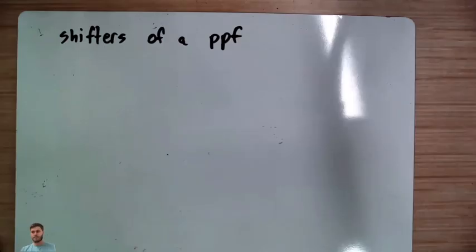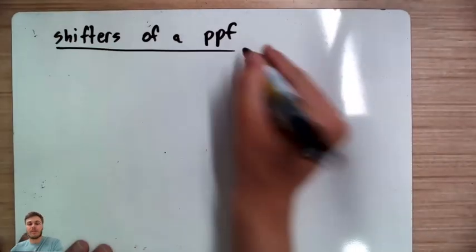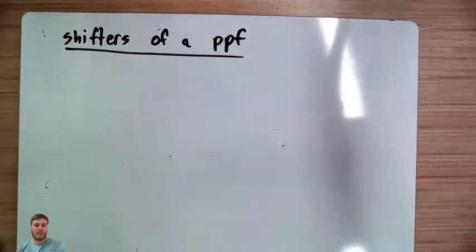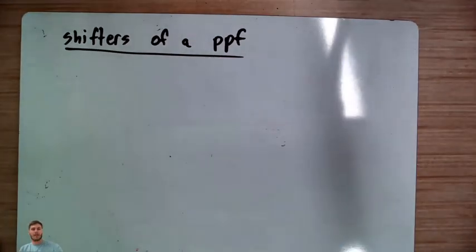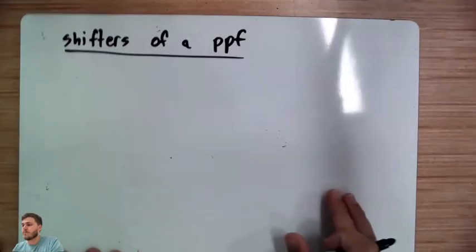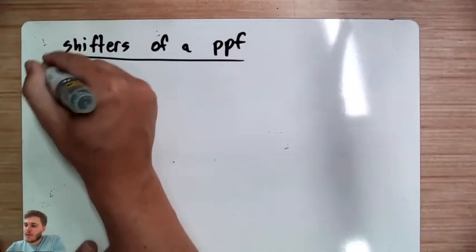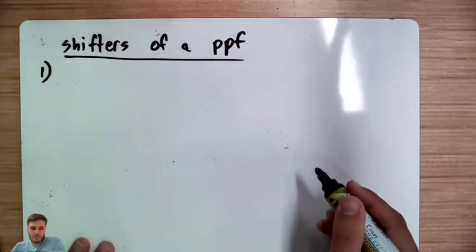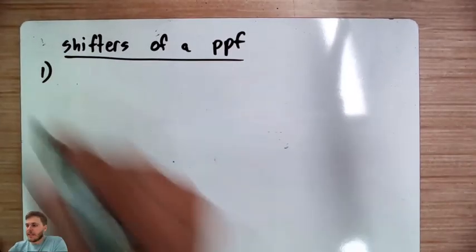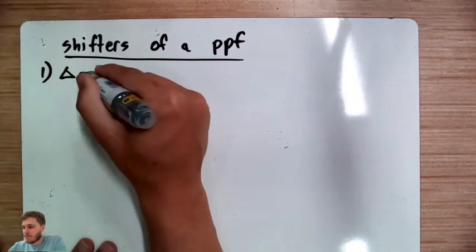What is going to cause this to completely grow out or stay in? Normally I would have you think and talk with people. Hopefully you can think in your own here and talk with those around you, but let's get into it. First thing for us would be changes in our population.